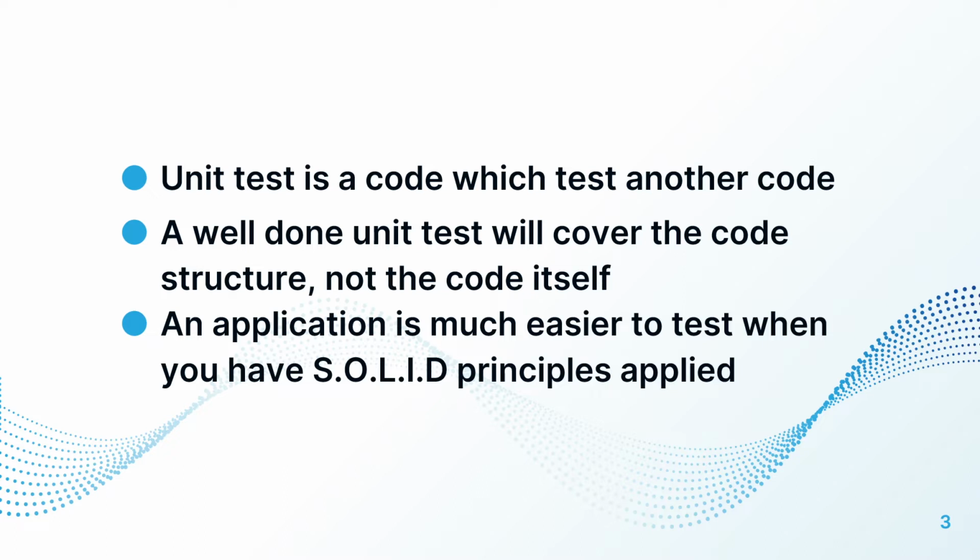And the dependency inversion principle also complements this one and is needed to create your unit test. So first of all, before applying any unit tests, it's very important to have SOLID principles applied to any code you want to test. Otherwise it will be much harder to create the unit tests.